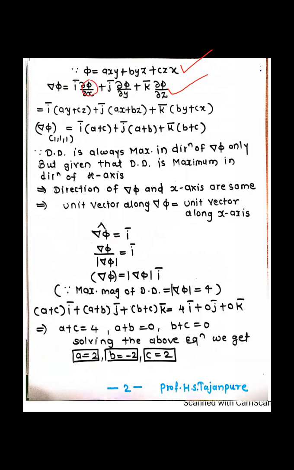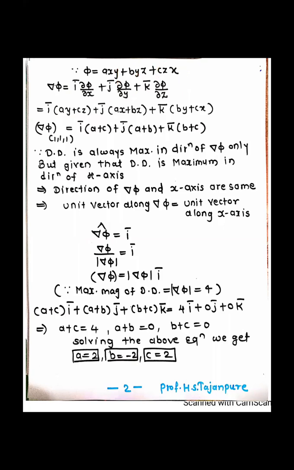Then differentiate phi with respect to x, y, and with respect to z, and substitute these values. Phi with respect to x means this x will be 1, so it is ay plus, again this xy will be 1, plus cz. This term will be 0. When you differentiate with respect to y, this y will be 1, so it is ax, and again this y will be 1, so it is bz, and this term 0.